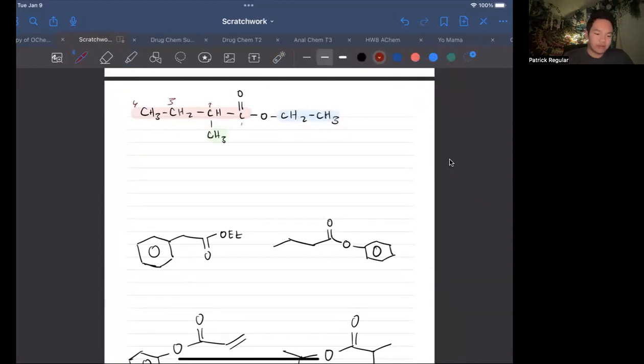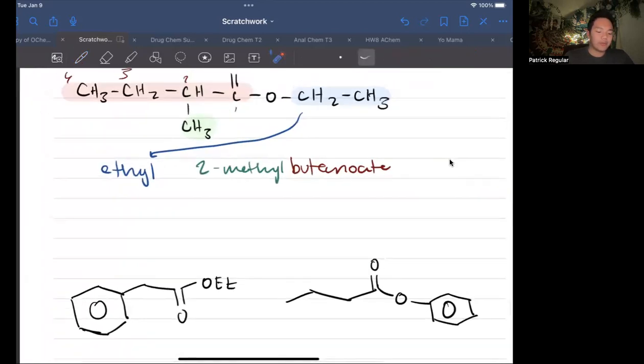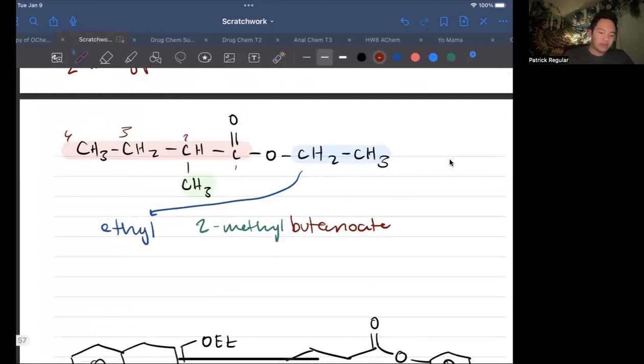Okay, well, let's go ahead and write it out. What we do is there's going to be a little space. Ethyl, this is derived from here. 2-methyl, just a branch substituent, and butanoate. All right, so let's break this down. Ethyl 2-methylbutanoate.